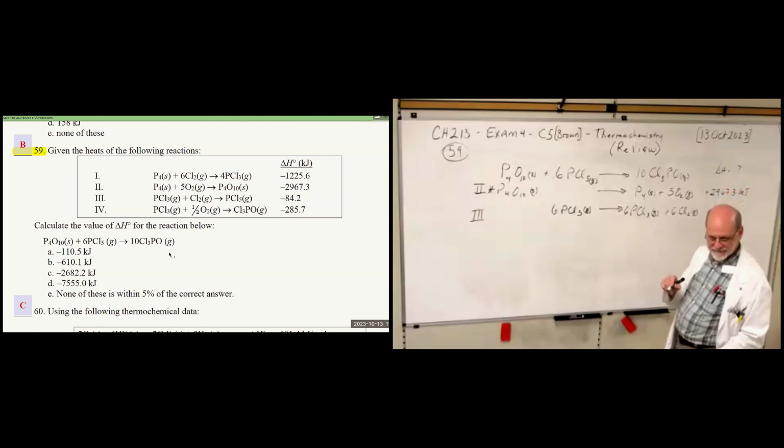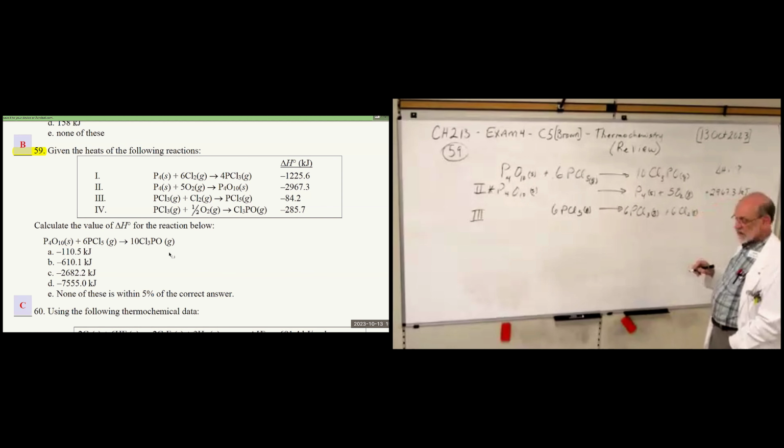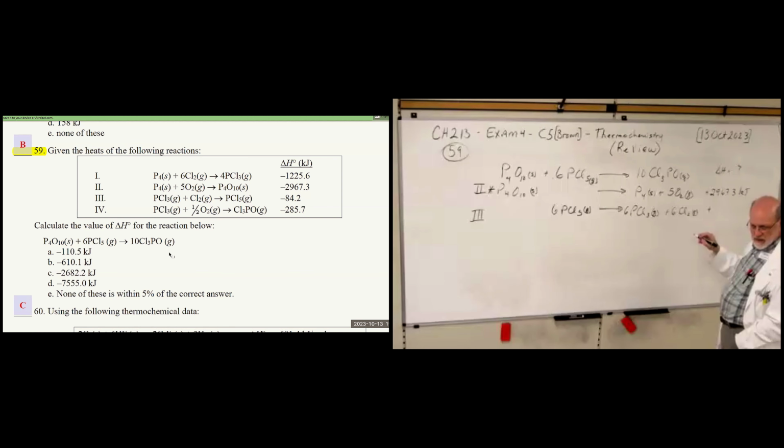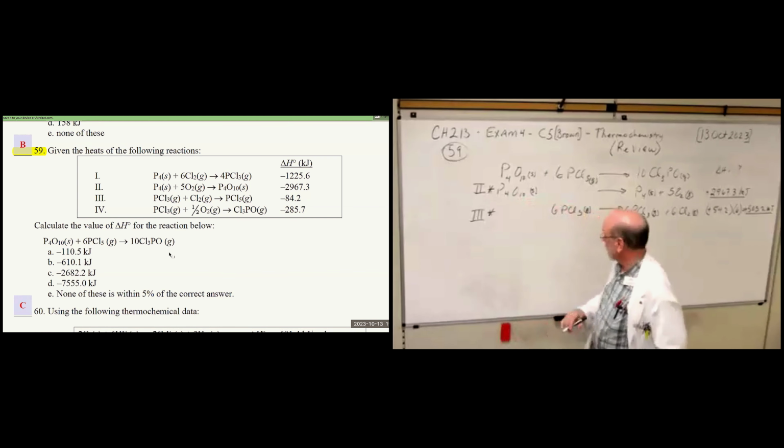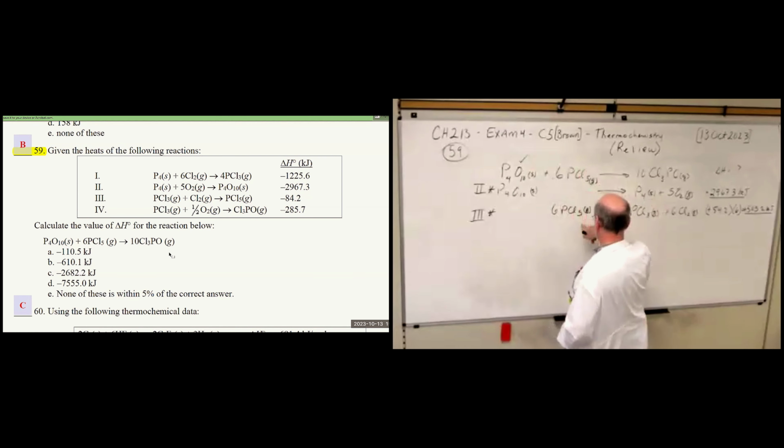Now we did flip it, so this is now plus 84.2 times 6. So that's plus 505.2 kilojoules. Okay, we're going to use this one. So that takes care of that one and this one.